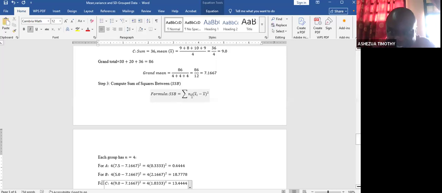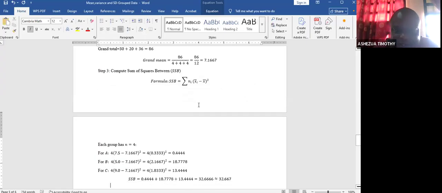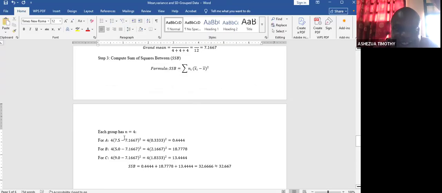You see this thing here, this is N1 into X bar 1 minus X bar square plus N2 into, although I've done it down here. Each group has N equal 4, which I've explained earlier. Now I want to interpret this formula for you.